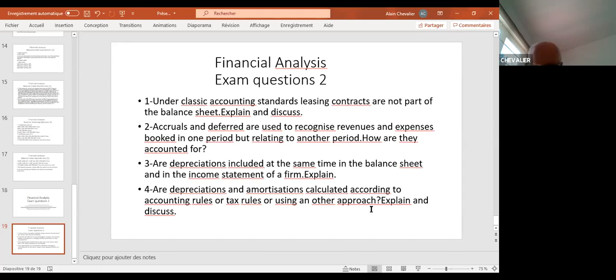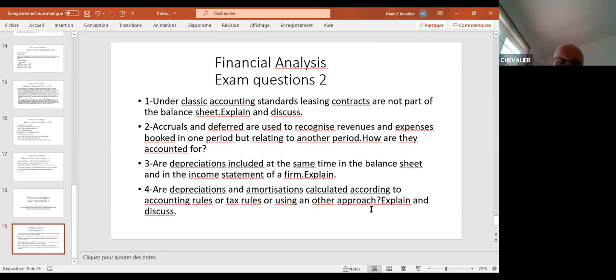If you go back to the balance sheet, that means that the gross value is still the same from year 1 to year 5, but the net value is decreasing by the level of the depreciation each year. It means it is 100, and next 80, next 60, and so on.